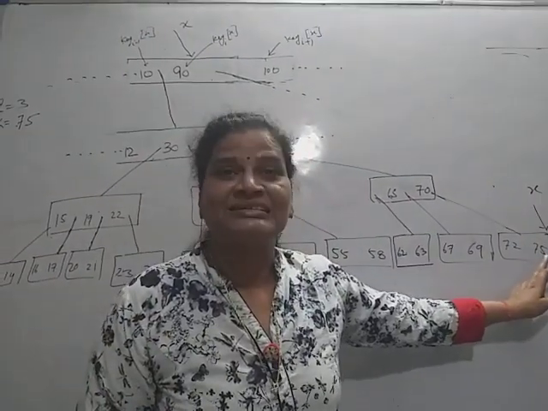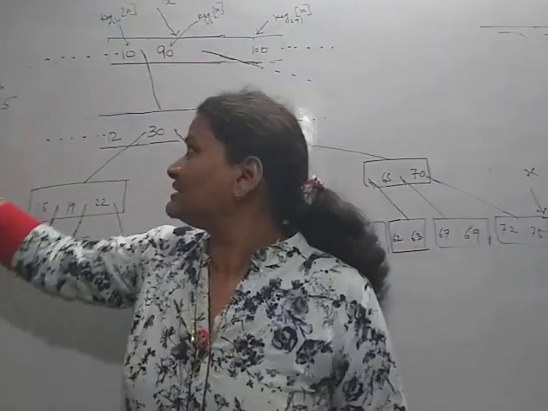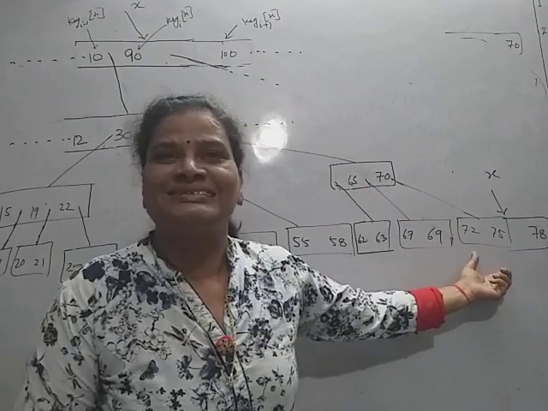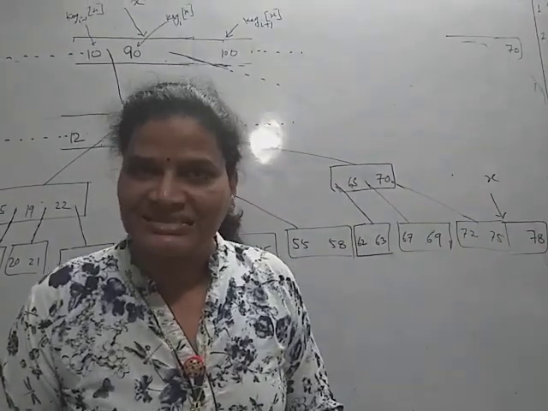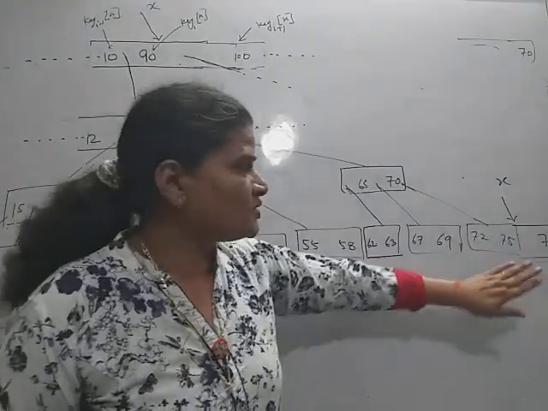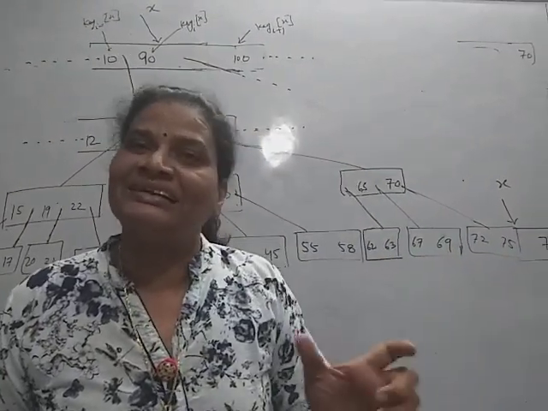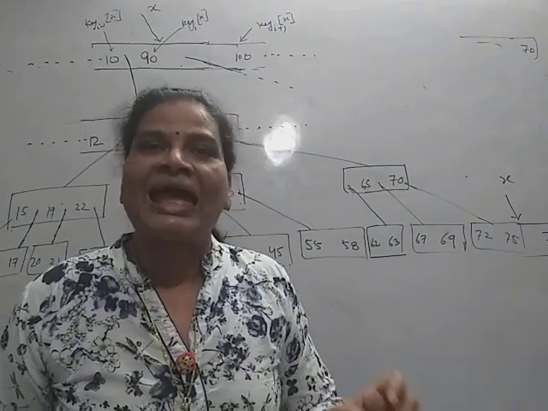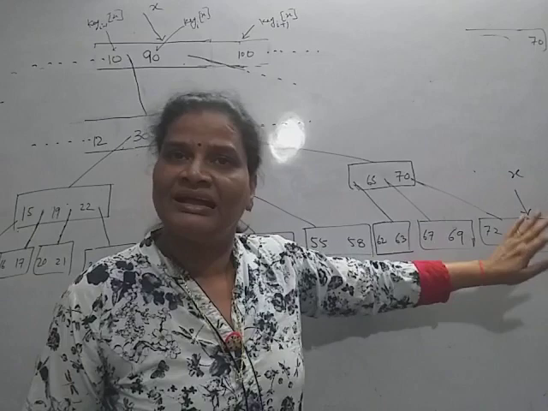If x is a leaf node and the key is present in the node, then simply the key is deleted by moving 78 here, and as this is the leaf node, there is no child pointer movement required. So the recursive procedure always ends at the leaf node, when x is pointing to the leaf node and the key k to be deleted is present in the leaf node.